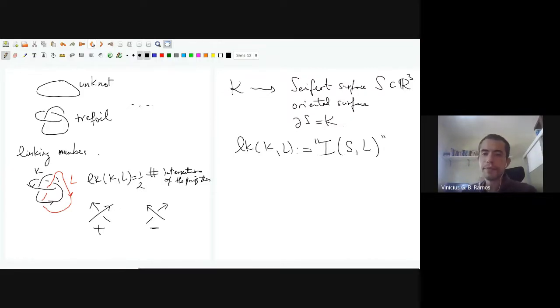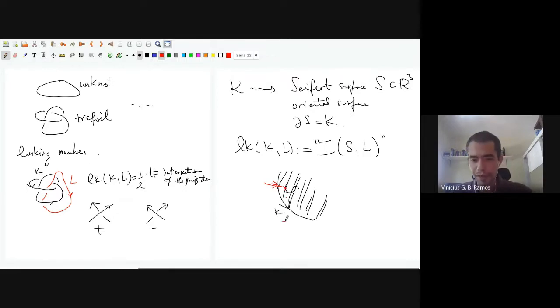Okay? So, actually, if you believe the Seifert surface exists, then it's not so hard to see this. If this is your knot K, and here's your Seifert surface, oriented so that K is the boundary of S, then it's oriented this way. So when you have another knot, if it comes over, then it's going to intersect the surface negatively, and if it comes under, then it's going to intersect the surface positively.